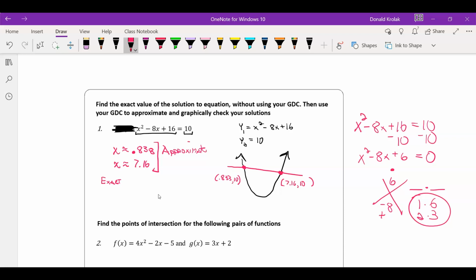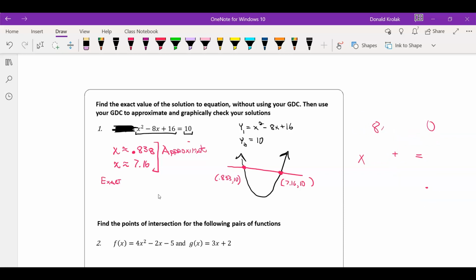Okay, so here you can't factor it. It can't be factored. What happens with factoring is sometimes you just have to factor different things first. So if I move the 10 over, I'm stuck. I can't factor it. However, if I factor this first, I can.